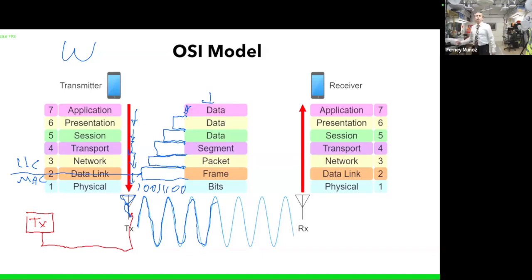Whatever device you're using, whether it's a barcode scanner at a warehouse, maybe a robot in a factory, maybe a camera, a computer, a phone, a tablet, a Chromebook, whatever it is, it's sending and receiving waves.